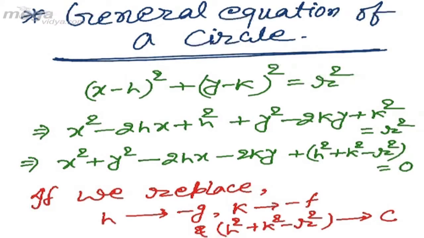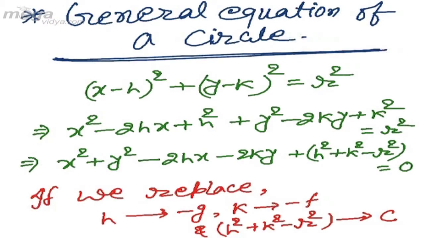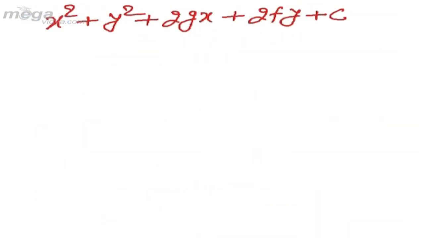See, here it is minus 2hx, and h is replaced by minus g, so it becomes minus 2 into minus g into x, that is plus 2gx. Same way, k is replaced by minus f, so it becomes minus 2 into minus f into y, that is plus 2fy, plus this whole constant h square plus k square minus r square replaced by c. We can write it plus c is equal to 0. This is the equation of a circle in general form.